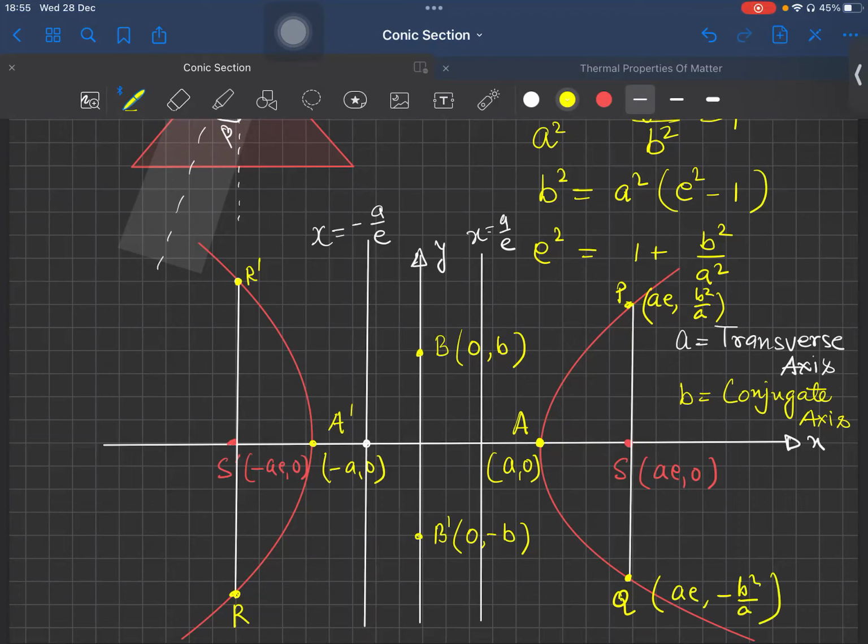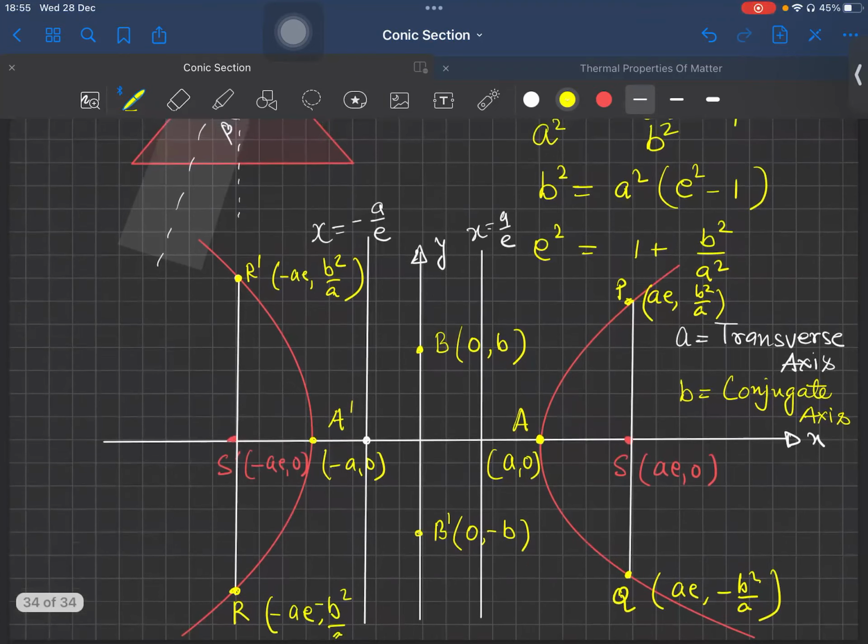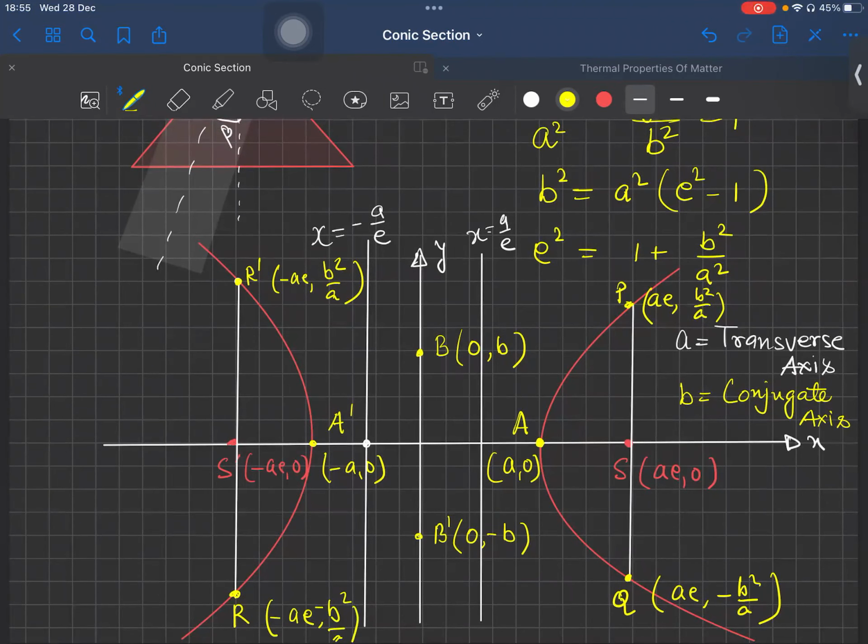I'm just drawing it, that's why I'm writing it here. And minus AE comma B square upon A, and minus AE comma minus B square upon A. Like in ellipse we calculated, in a similar manner we can calculate it here.